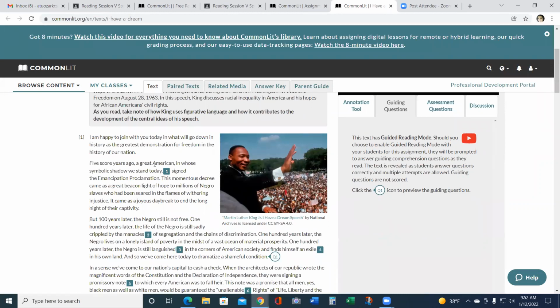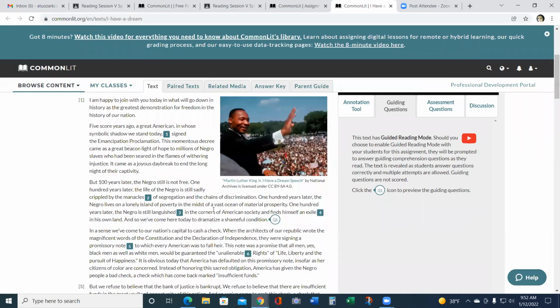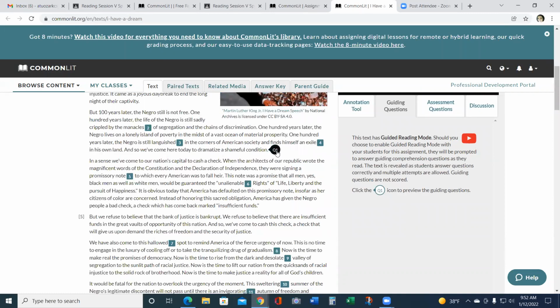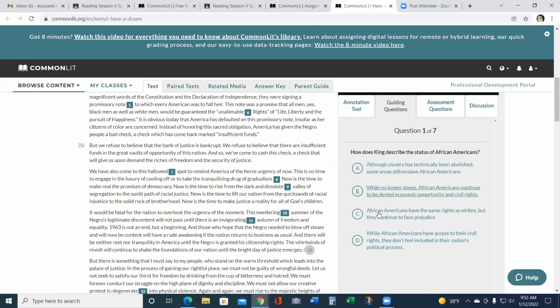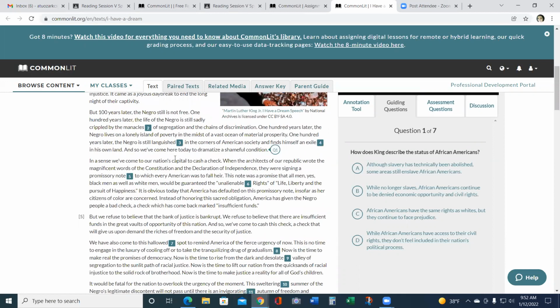You're just going to read through, and as you're reading through, you're going to see where it says like Q1. And actually, it won't let you read past that. Yours is going to be blurred out until you answer the first question. But if you click on that, it's going to bring up your question, and it's a multiple choice answer, and you answer it that way. And then it'll take you back.